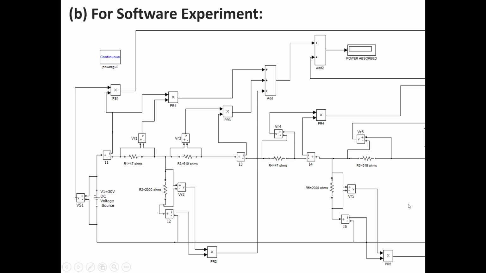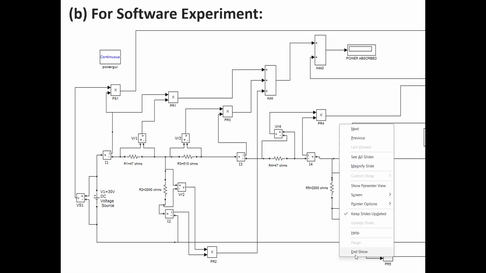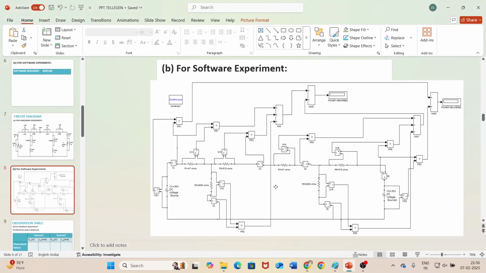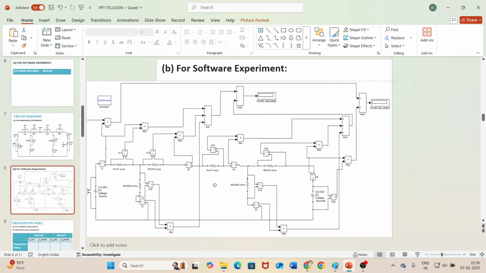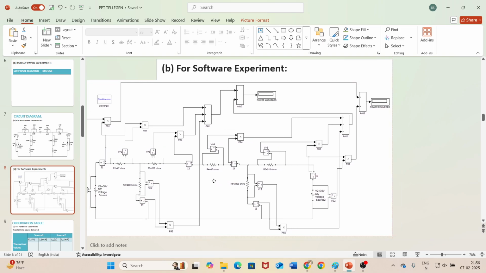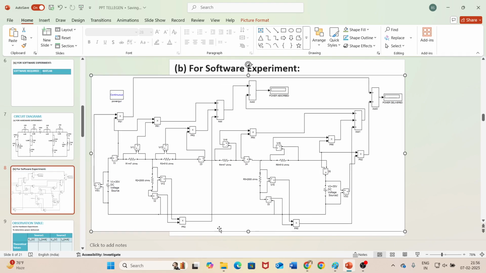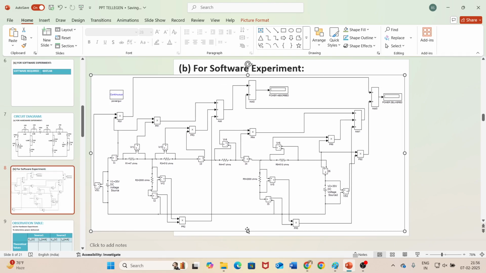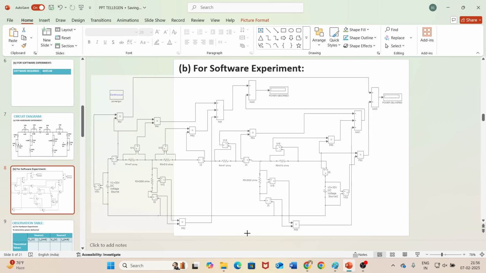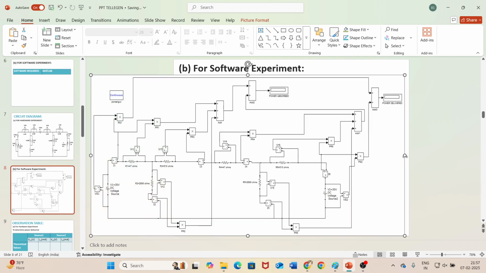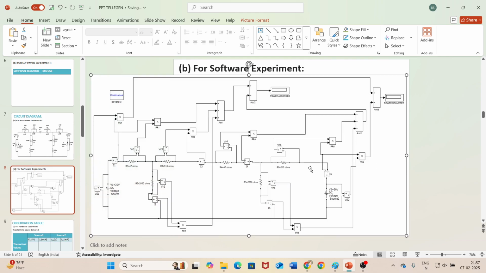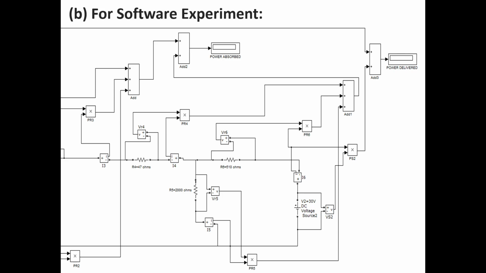Whoever is copying it down, you can pause the video and draw it in your notes or observations. So that was the first part. Now this is the second part, the right side portion. Earlier I showed you the left side portion.